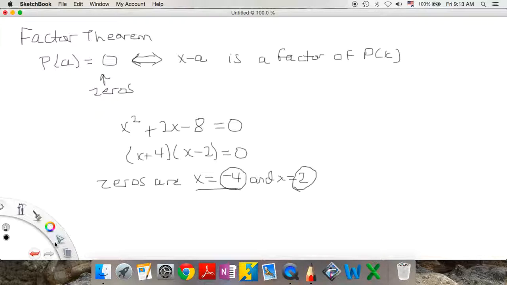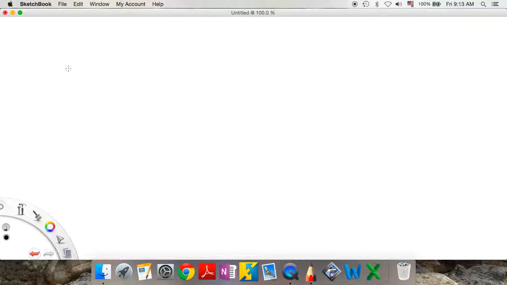Now, why is that important? Well, with quadratics it doesn't seem like that big of a deal, but what if we have one like this? Okay, how many zeros is this going to have? By definition, a polynomial has as many zeros as its degree.